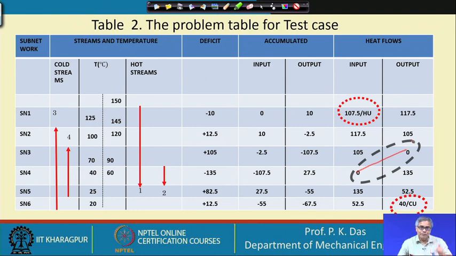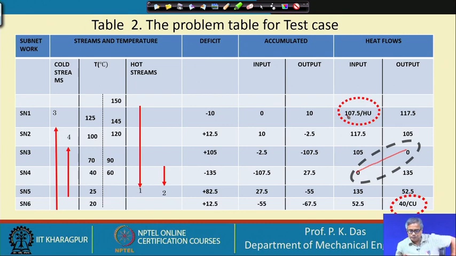But what are we getting? We are getting some heat flow across the pinch point. Our pinch point was 20 degree Celsius. Based on that, we have a pinch point at a hot fluid temperature of 90 degree and a cold fluid temperature of 70 degree. So, here, instead of 107.5 put 110, and you will get some heat flow.